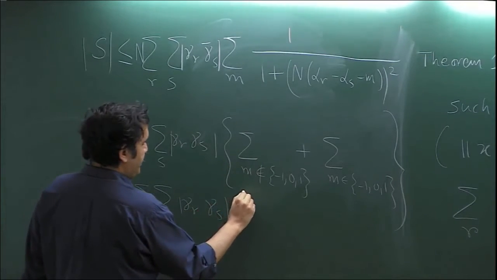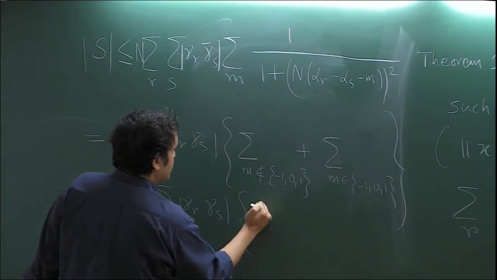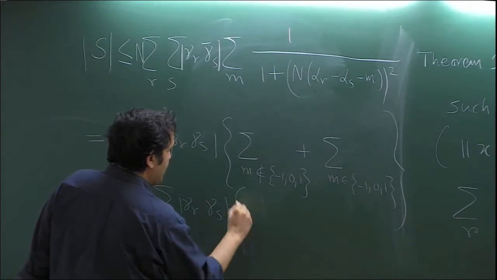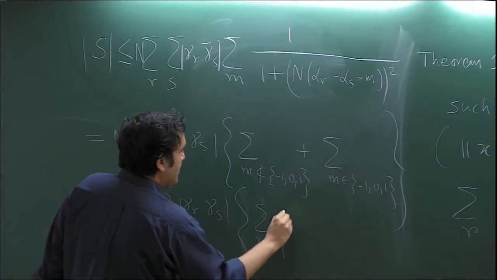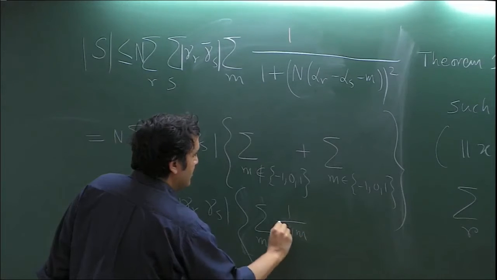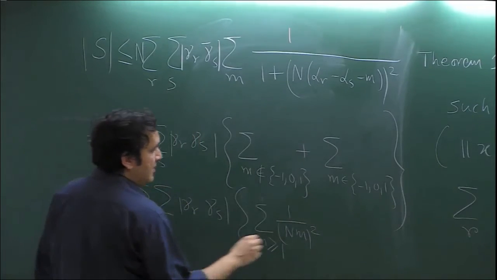so this will be 1 upon, so yeah, let's put it this way. So m is greater than 1, 1 upon n m whole square. So this sum of 1 by small m square will be O of 1.